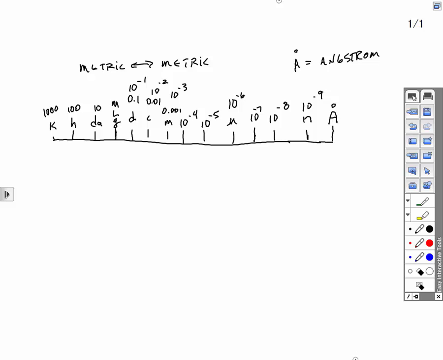Those are all units. Kilo, or a hecto, or a deca, or a milli, or a micro, those are all prefixes. But angstrom is actually a unit, and it's 10 to the minus 10 meters. So that's what that stands for. It stands for 1/10,000,000,000th of a meter. So that's incredibly tiny.